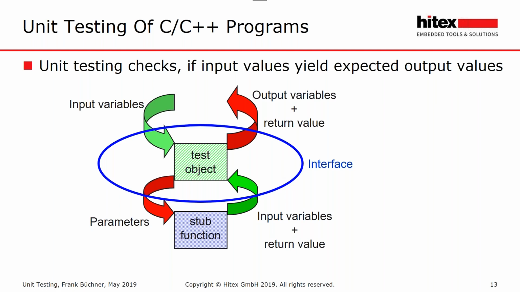The parameters which are passed from the test object to the called function or called unit are outputs of the test, and in case the called unit has a return value, this belongs to the input variables. So the called function extends the interface. Okay, that was the complicated part.